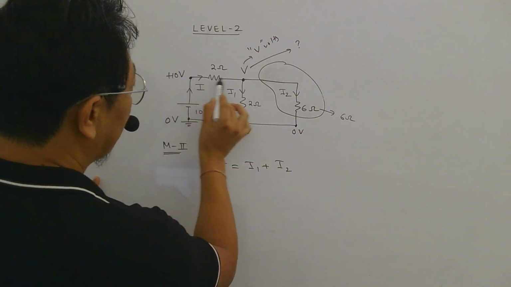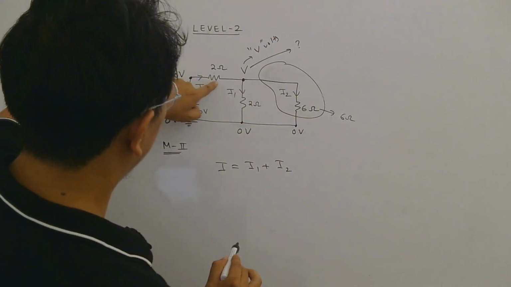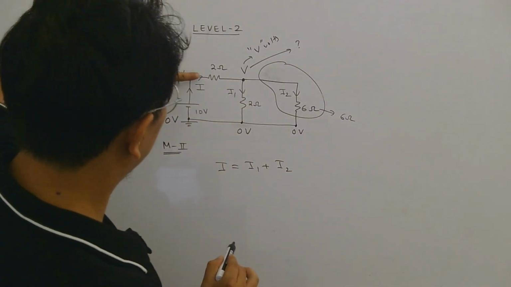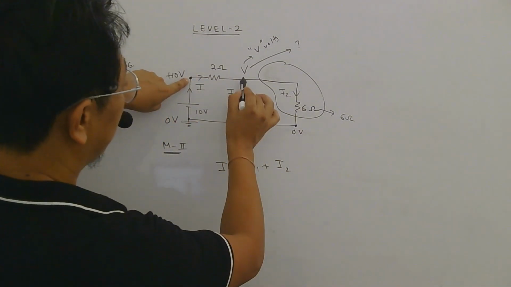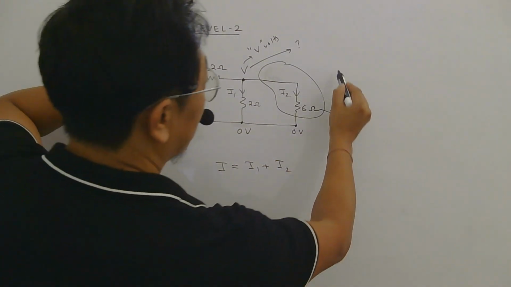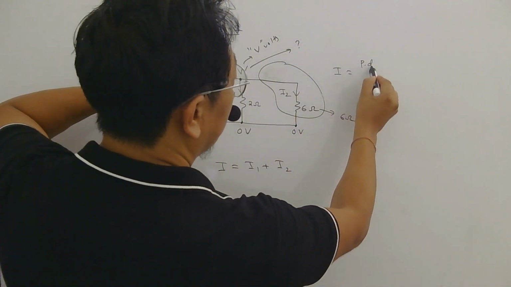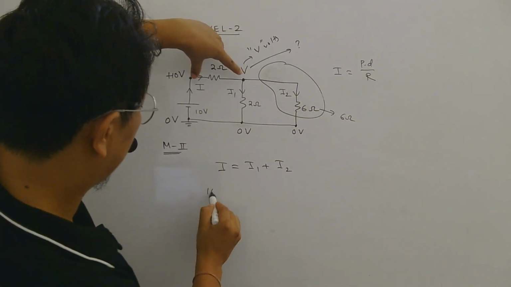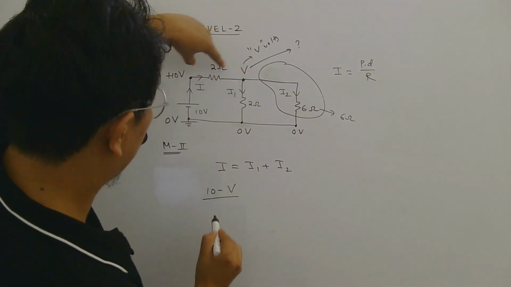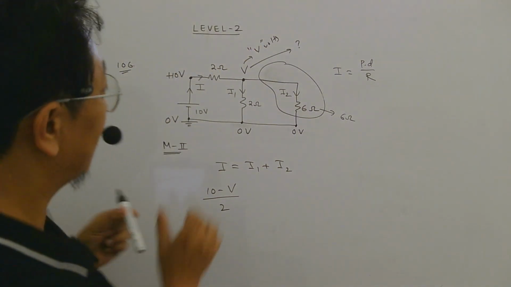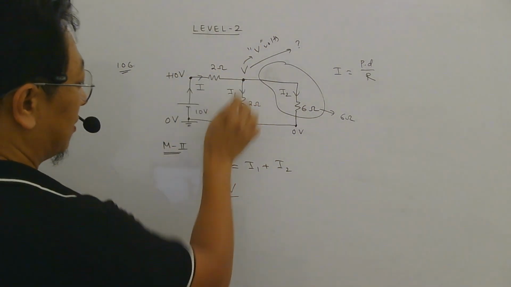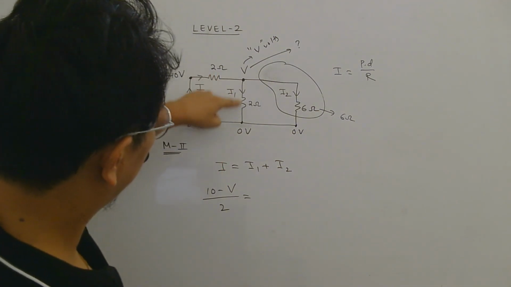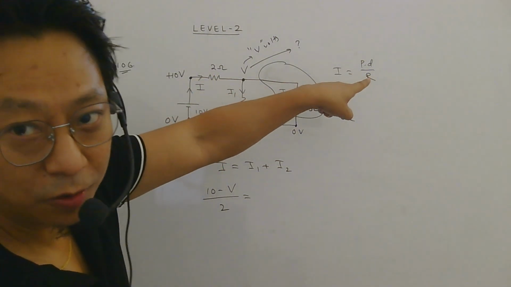This I is going like this. So to find current in this 2 ohm, you can use Ohm's law for this 2 ohm. And if current is going this way, this point is at higher potential than this point. And what is current from Ohm's law? Potential difference by resistance. So what is the potential difference here? 10 minus V divided by resistance. Clear? So this is the potential difference, 10 minus V divided by resistance, equals the current here, which can also be written according to Ohm's law.